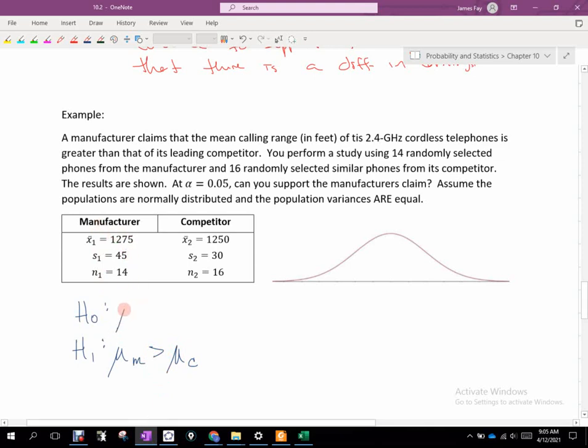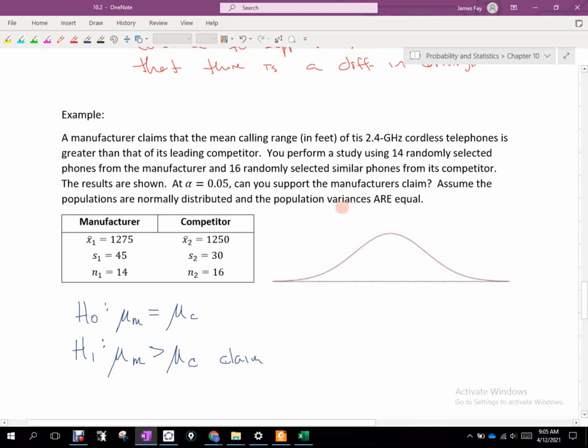The null hypothesis then would be that the manufacturer is the same as the competitor. Now, if you want to make this less than or equal to, that's fine. She'll make it equal to. But this was the manufacturer's claim that they had a greater range.